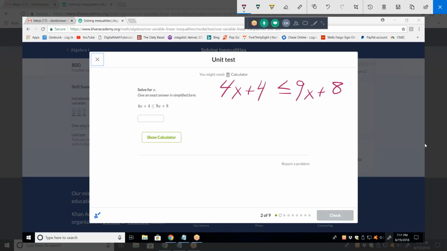Okay. Next line. So negative 5x is less than or equal to 4. Next line. Negative 4 over 5 is greater than or equal to x. Start from the left. Don't start from the right. Start from the left always. X is less than or equal to 4 over negative 5.